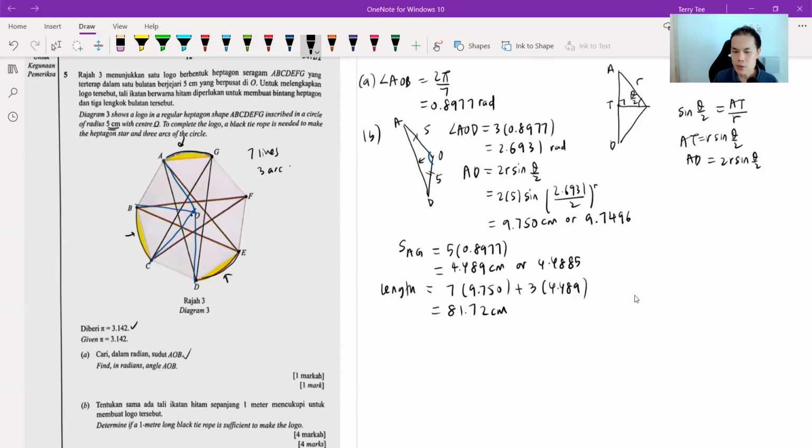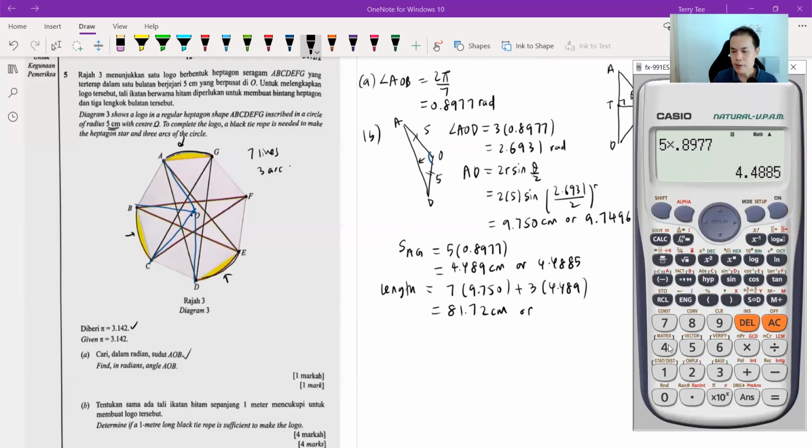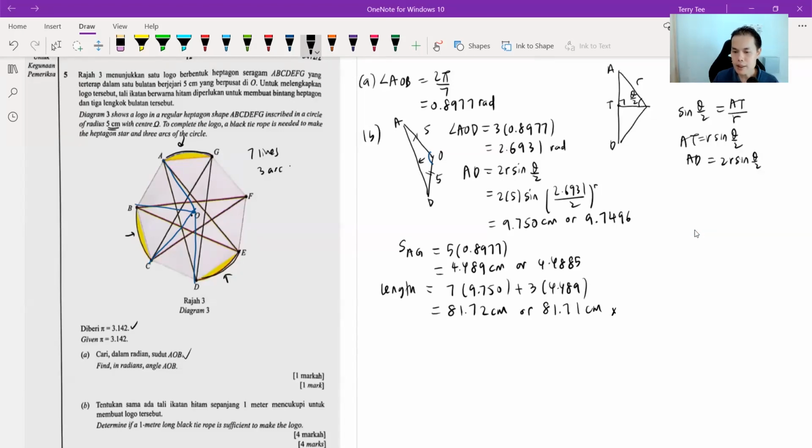So if you use more decimal points, 7 times 9.7496 plus 3 times 4.4885, I got 81.71. So if you use more decimal points, you get 81.71. But I think 81.72 is good enough because every step of the way is already good enough. If you want a more accurate answer, use 5 significant figures here and here, then your final answer will be 81.71.